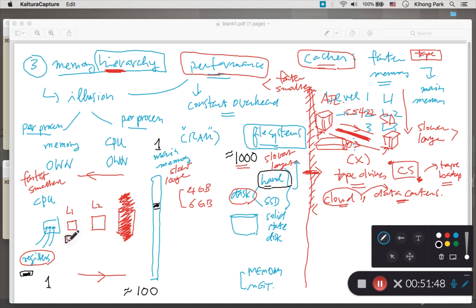Again, these are not meant to be numbers to be taken literally. They are just giving you a sense. L2 compared to this guy, that is L1. So making this guy to be 1, this guy is also going to be 5 times, ballpark speaking, slower than L1. So L2 is roughly about 25 times, because it's 5 times 5, slower than registers.